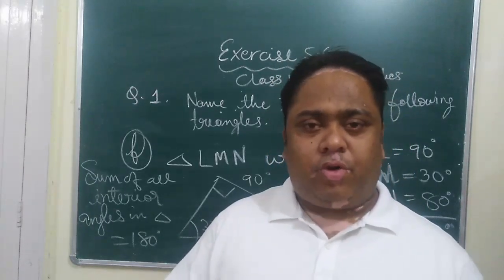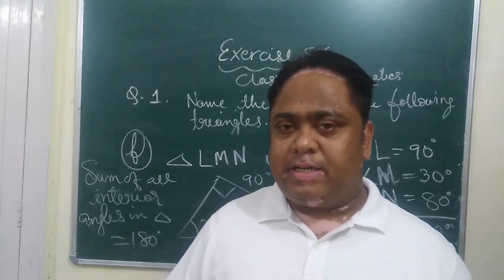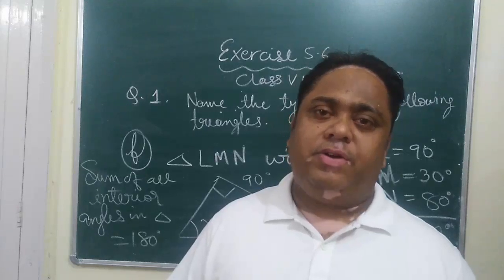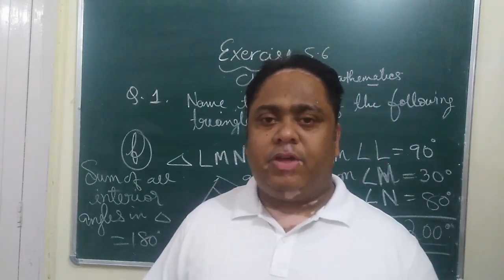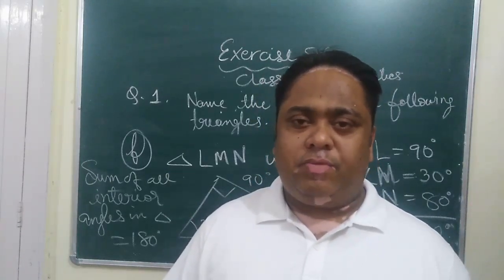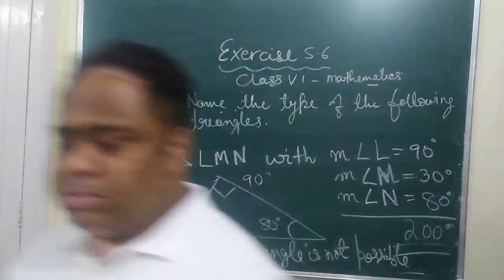Now about sides. If all sides are different, we call it a scalene triangle. If two sides are the same but the third side is not the same, we call it an isosceles triangle. But if all sides are equal, we call it an equilateral triangle. Now based on these properties, the next question will be the match the following. So we'll see this just now.